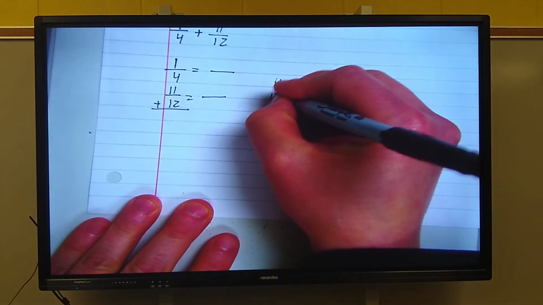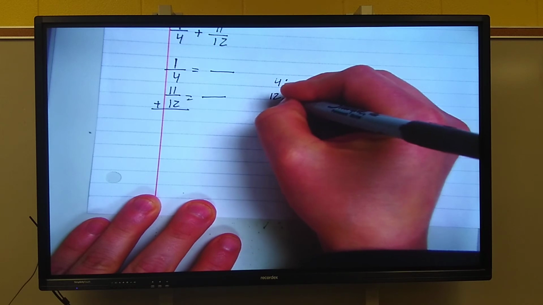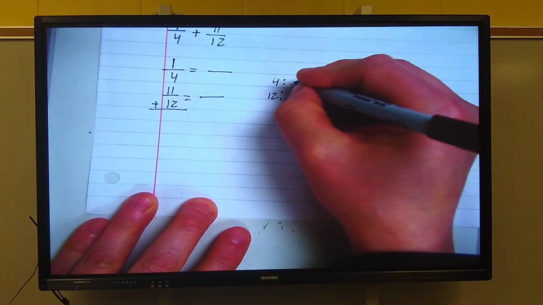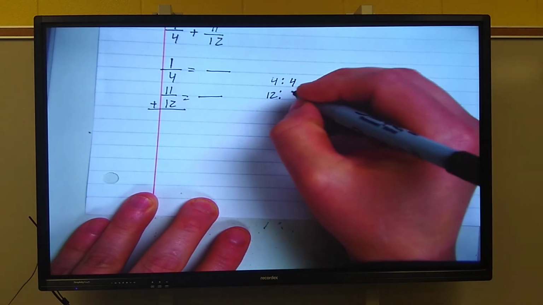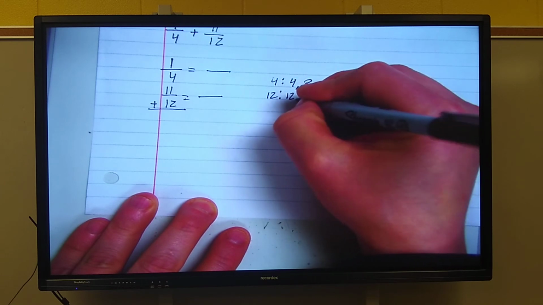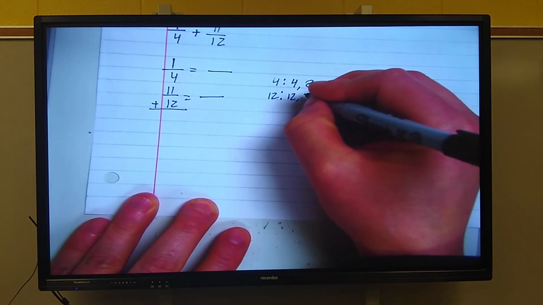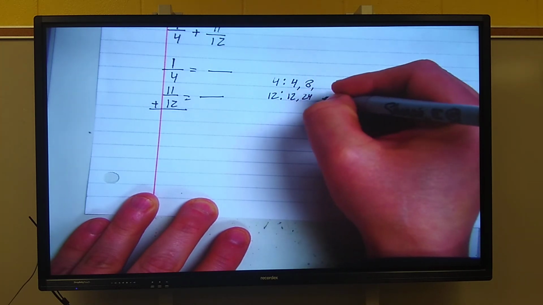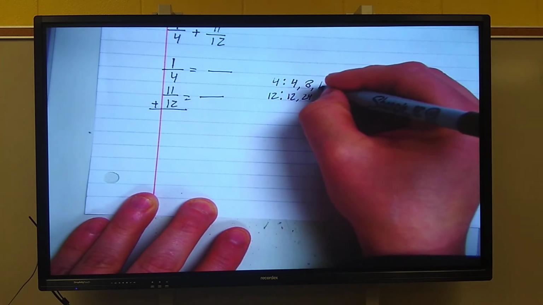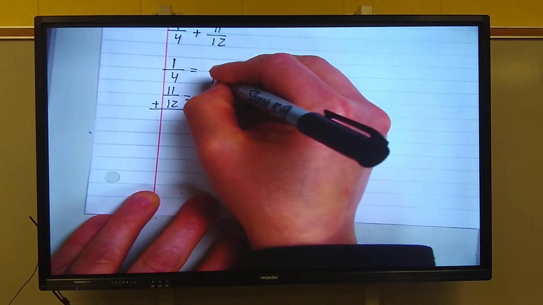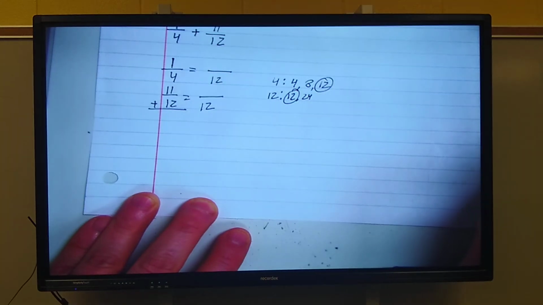I take my current denominators, find the multiples until I find one that is the same. 1 times 4 is 4. 1 times 12 is 12. 2 times 4 is 8. 2 times 12 is 24. 4 times 3 is 12. And there we go. 12 is the same. 12 is my new denominator.